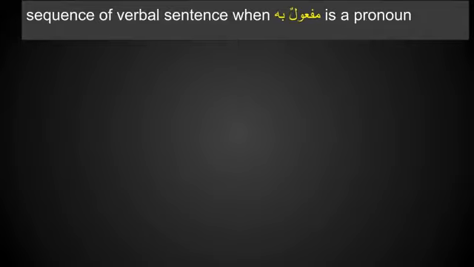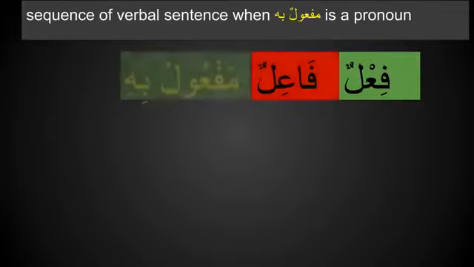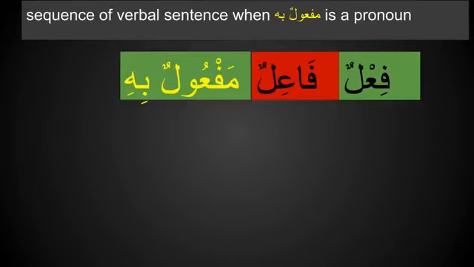We know there are 14 pronouns, and the verb has 14 forms, and in 12 forms the fa'il is attached to the verb, and only in huwa and hiya it is not attached. So in these 12 forms where the fa'il is attached, the maf'ulun bihi, even if it is a pronoun, will follow the same pattern: fa'al, fa'il and maf'ulun bihi.